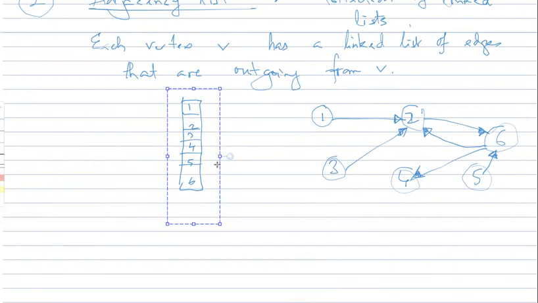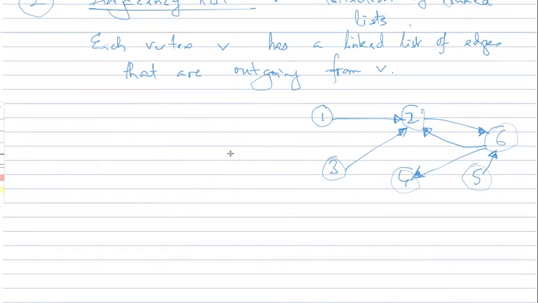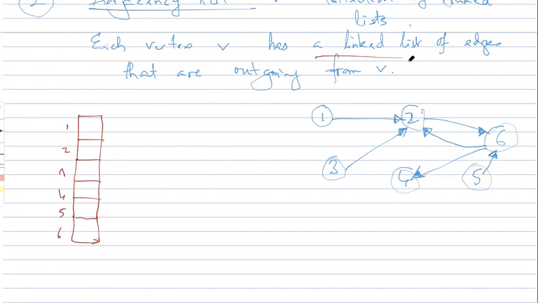Let me just do it again. Okay, so here we have 6 entries: 1, 2, 3, 4, 5, and 6. Each of these is a linked list of edges, right?